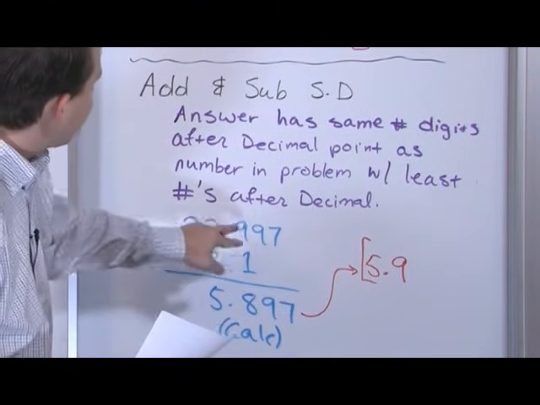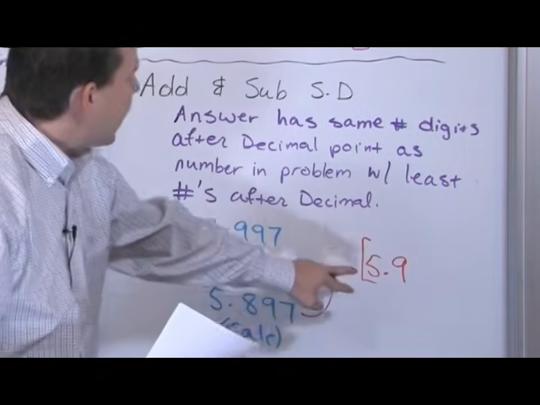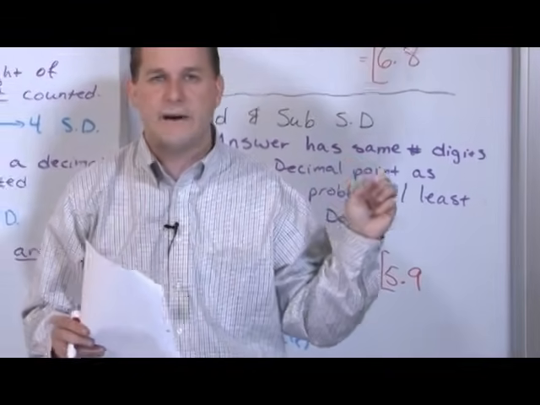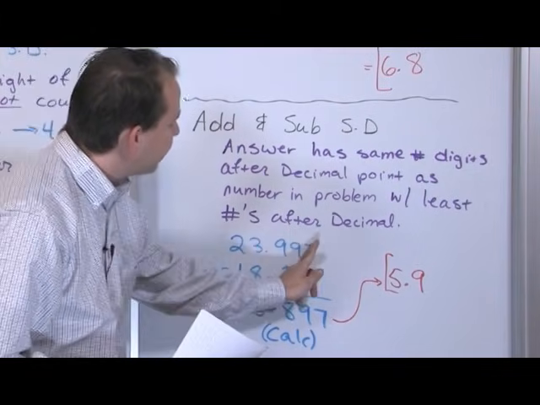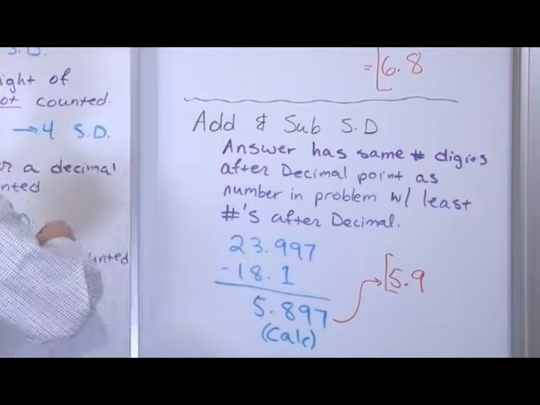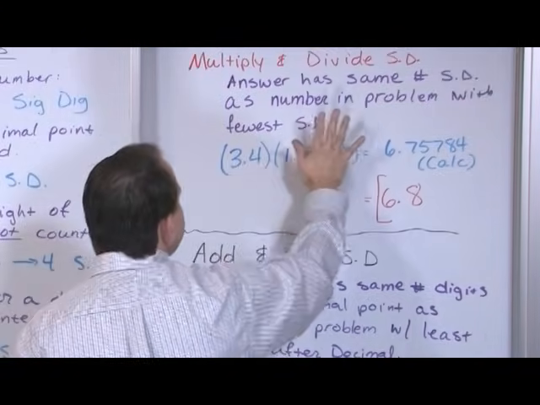Notice that this number actually has 5 significant digits. This number has 3 significant digits. But in my answer, I only have 2 significant digits because this is different than multiplying and dividing. I don't really care about the total number of significant digits. I care about what the significant figures are behind the decimal point. That's the difference. So really quick summary, multiplying and dividing, I'm concerned with the total significant figures in both numbers.